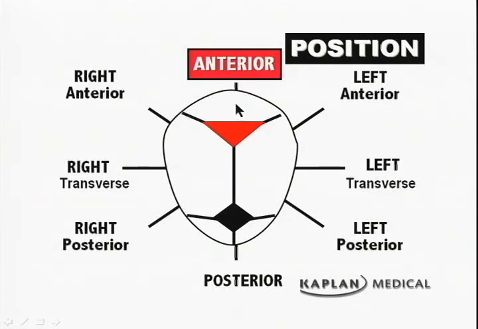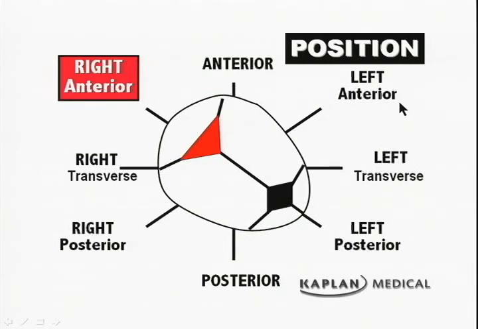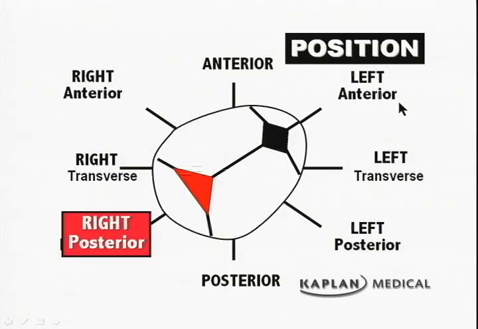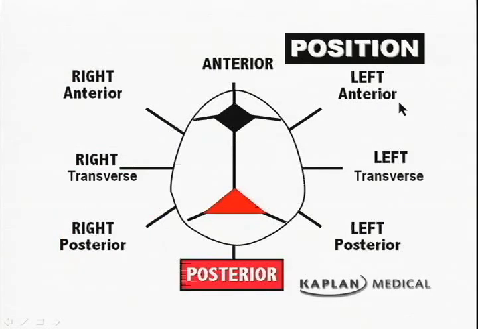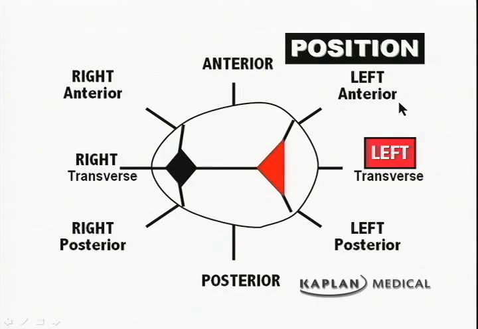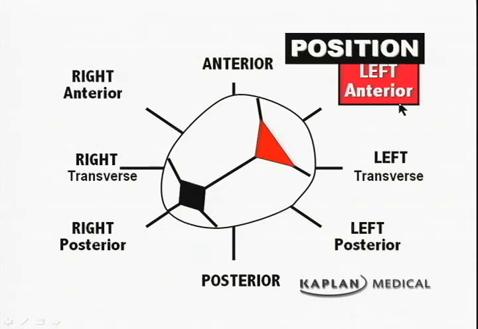Here we have the occiput here, and it is anterior. Now watch carefully as I move it around. Right occiput anterior, right occiput transverse, right occiput posterior, left occiput posterior, left occiput transverse, and can you see how it's rotating?